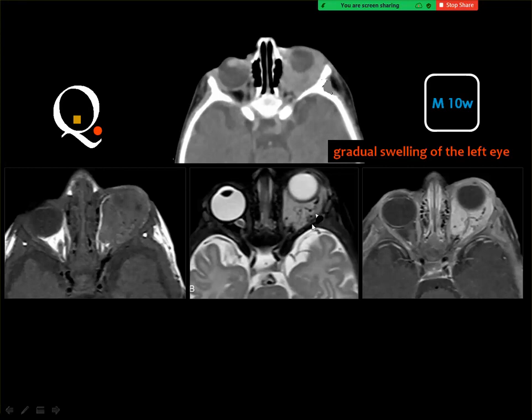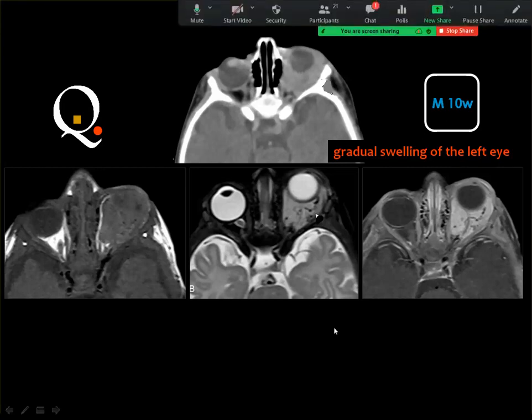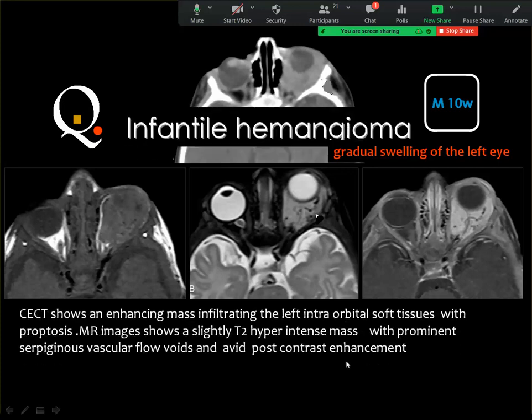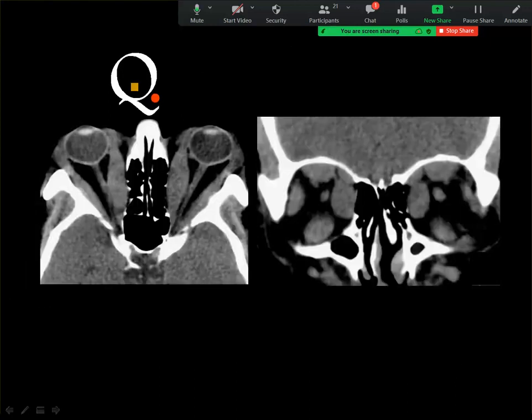If you look carefully, you can see some of the vessels running through the lesion. Vessels within the lesion are usually diagnostic of a vascular malformation or venous angioma or capillary hemangioma, which is common in this pediatric age group compared to the cavernous hemangioma, which is common in adults. And this is what we call infantile hemangioma or the capillary type of hemangioma.